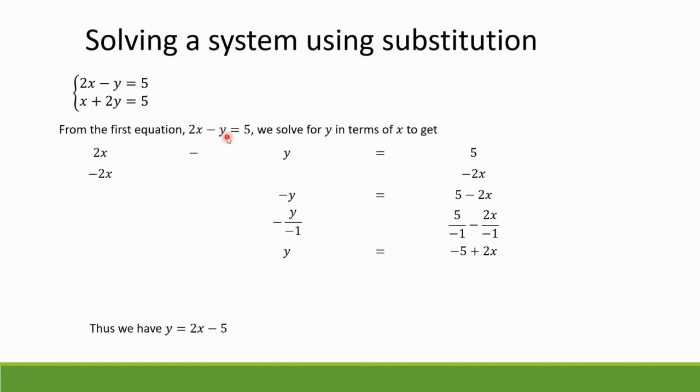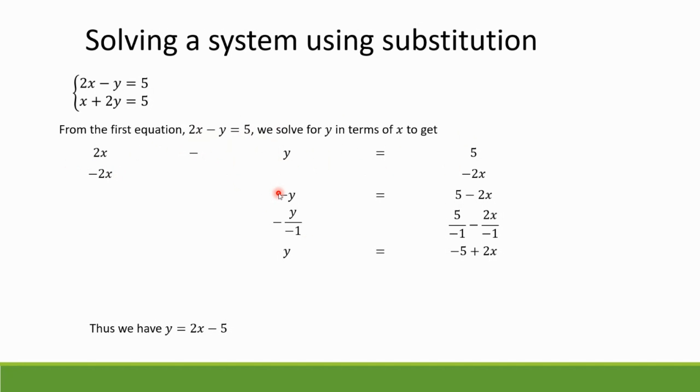From here, we have 2x minus y equals 5. So I'm going to get y in terms of x by subtracting 2x from both sides.